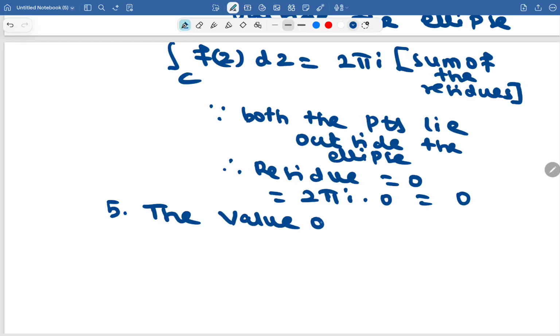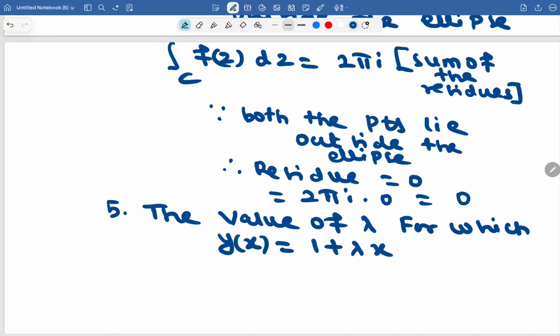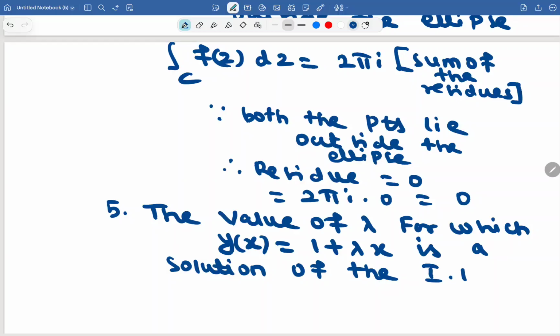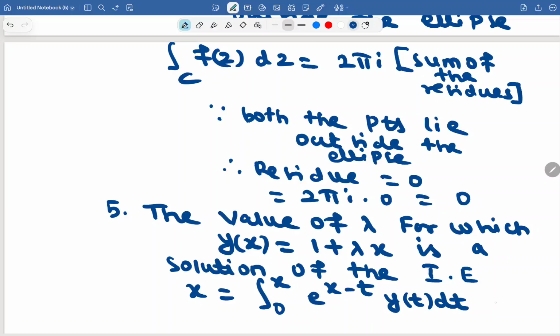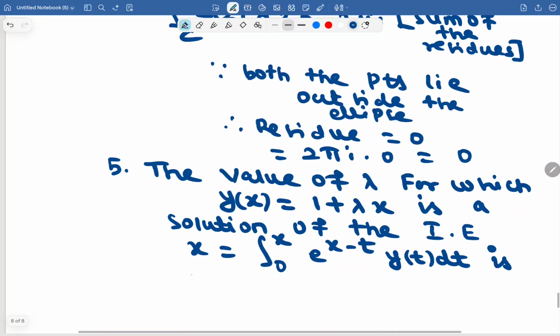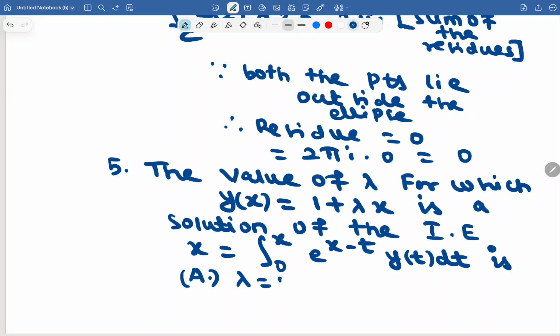The value of lambda for which y of x equal to 1 plus lambda x is a solution of the integral equation x equal to integral 0 to x e power x minus t y of t dt is: first option, lambda equal to 1.